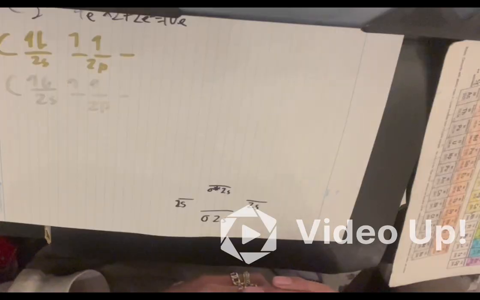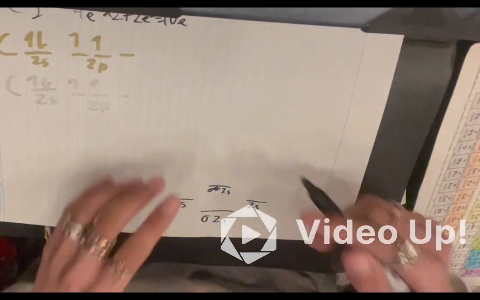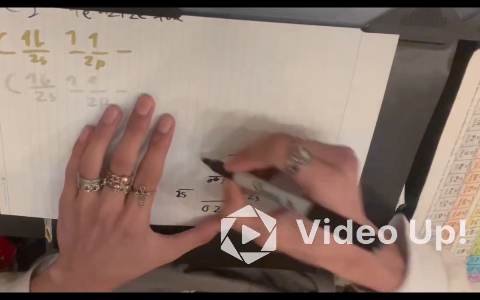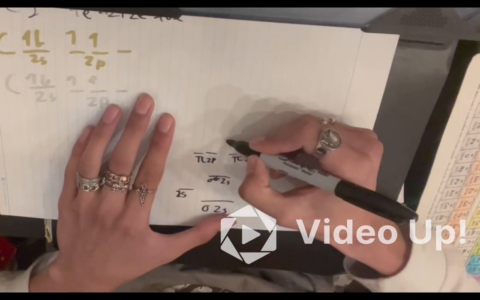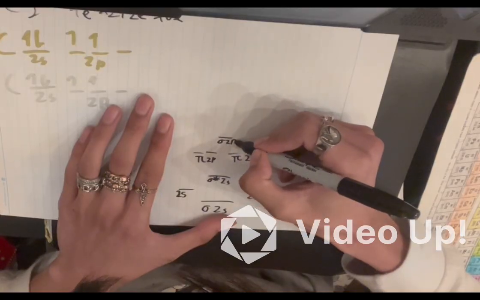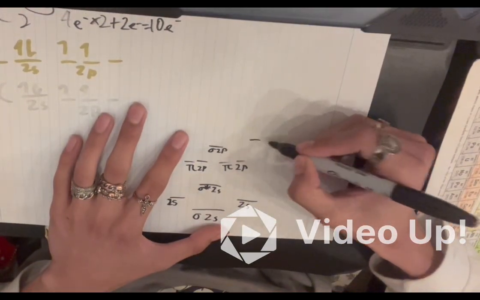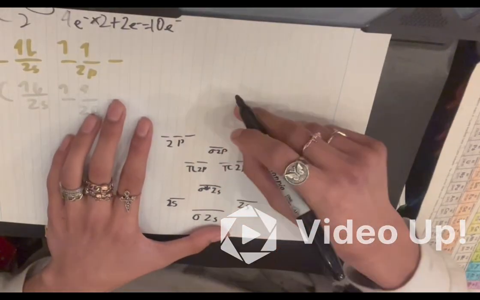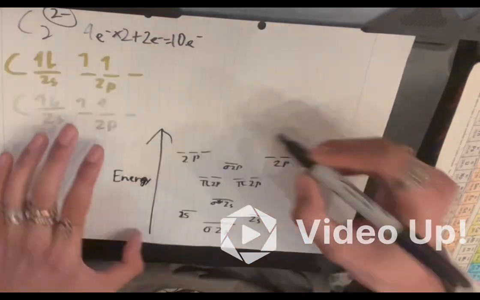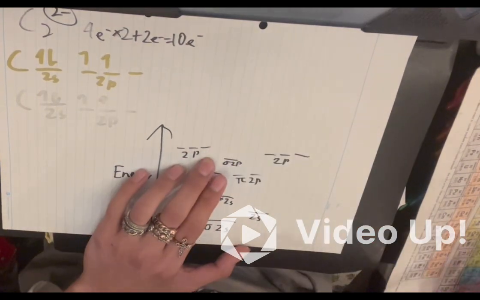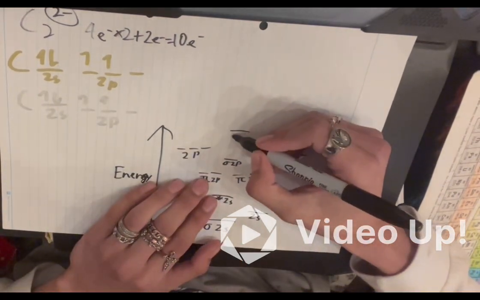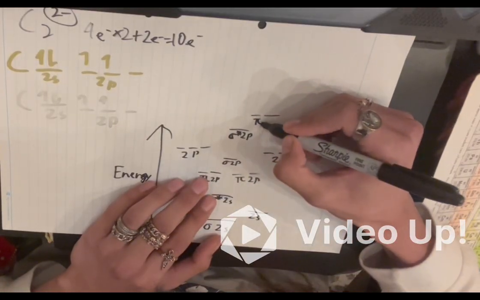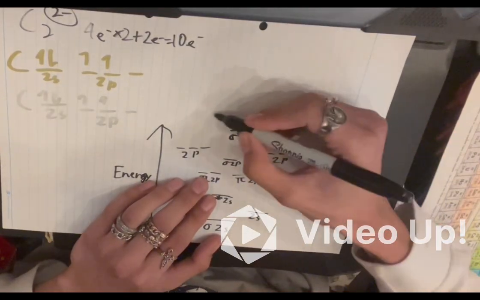Then above that, we have our pi 2p right here and right here, and above that we have sigma 2p, and here we have our regular 2p orbital, 2p sublevel. Now above that, again, because antibonding takes more energy, we have our antibond sigma 2p, and above that we have our pi antibond 2p.